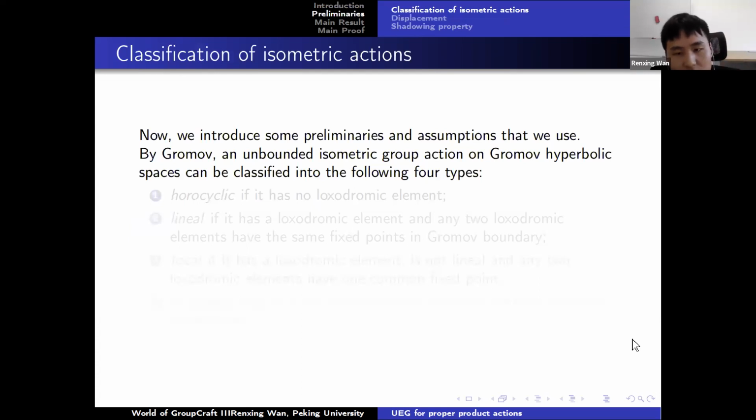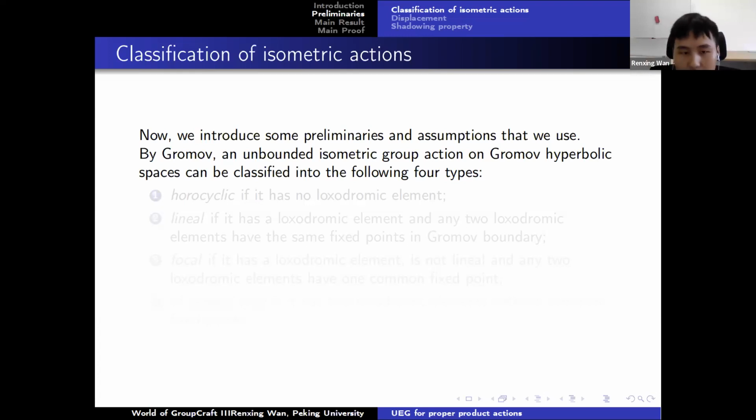And now some preliminaries and assumptions that we use. Although we focus on the product action, in the later study we need to focus on the group action on some factor space. So it is necessary to consider the classification of an isometric action on a Gromov hyperbolic space.